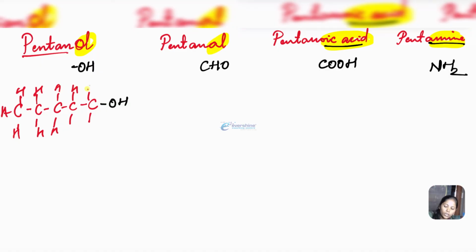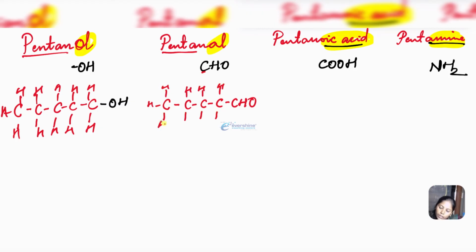Next, coming to pentanal. Here pent means 5, but already in the functional group 1 C is there, so you write only 4 carbon. In the CHO there is 1 carbon, so you should include that also, and this is how you can write the structure of pentanal.